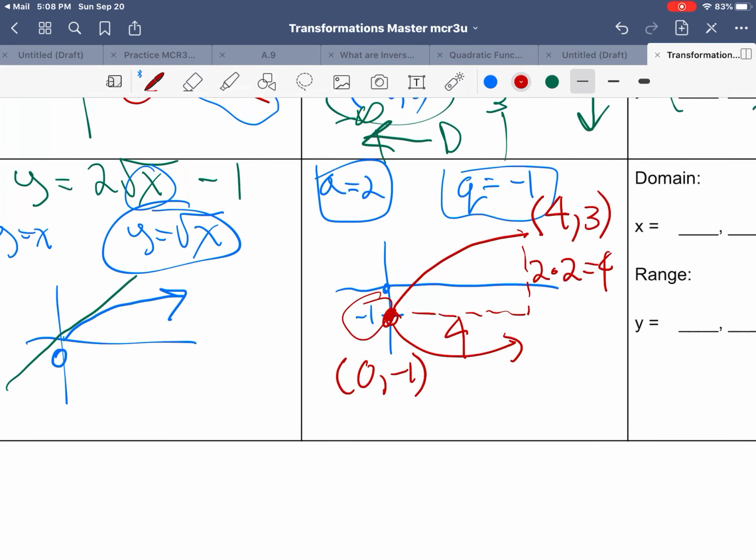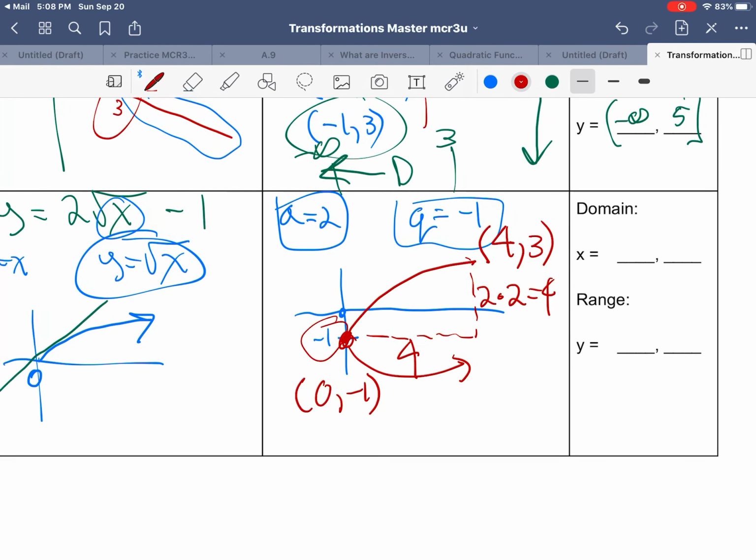Okay, folks, so the domain on this one would be from the left at 0 to the right at positive infinity, square bracket, round bracket, and the range starts at negative 1, the least y value is negative 1, the highest y value is positive infinity, square bracket, round bracket.